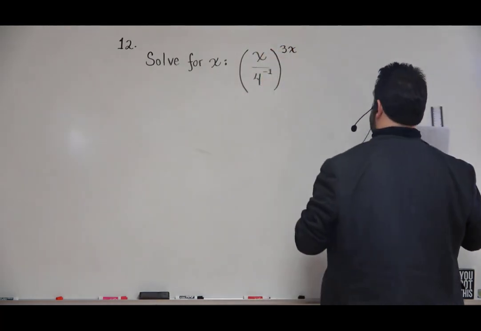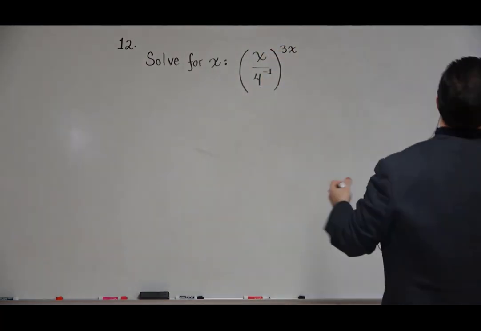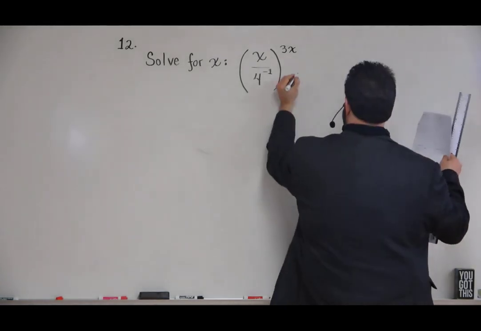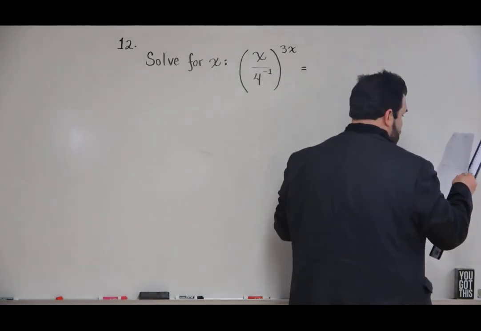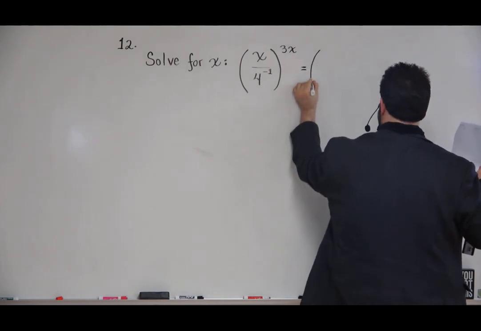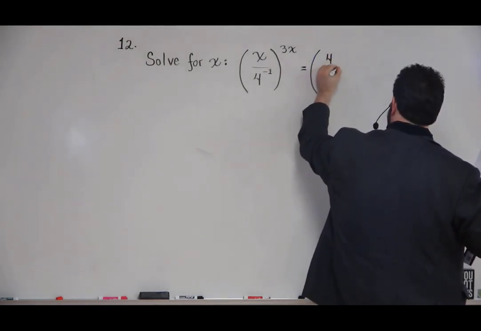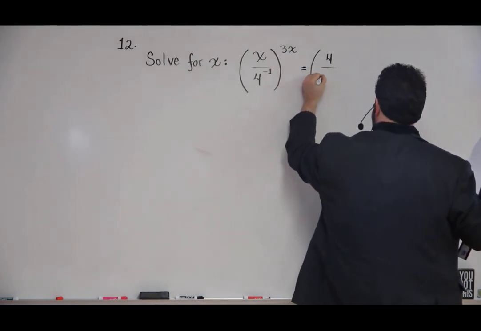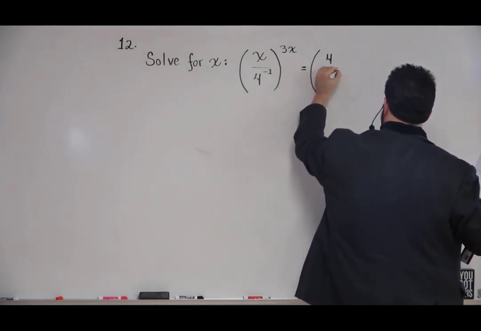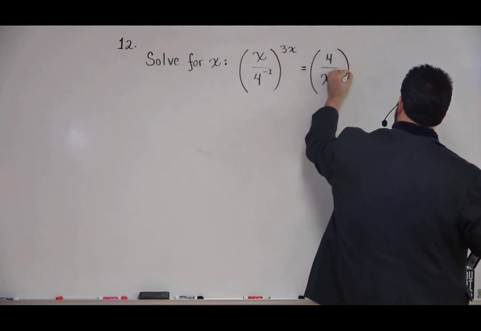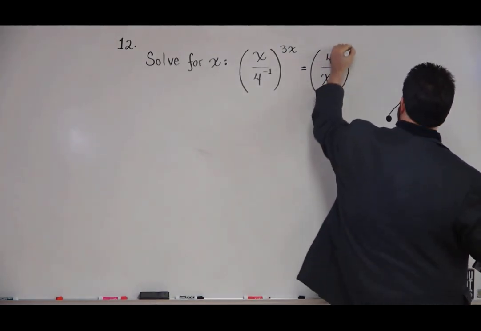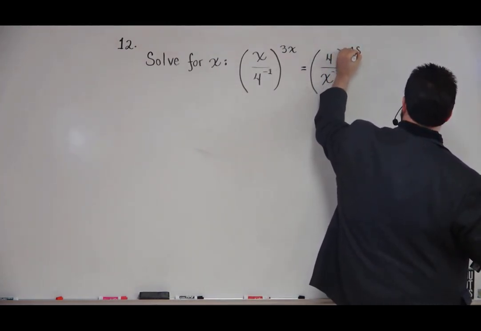Ooh, looking scary. I'm starting to tremble a little bit. Equals another huge parentheses. And then a 4 over, and then this one is x to the negative 1. Close the parentheses and raise that whole thing to the power of 18.